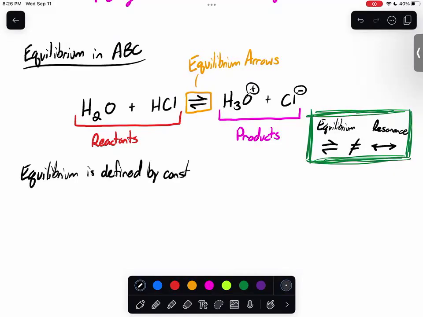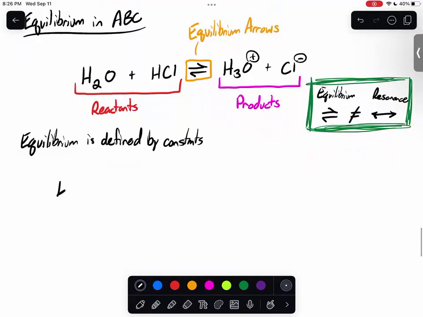And you've seen these constants before, right? The equilibrium constant is KEQ. And if you're thinking back to your good old Gen Chem time, KEQ was equal to the concentration of products over the concentration of reactants. All right?